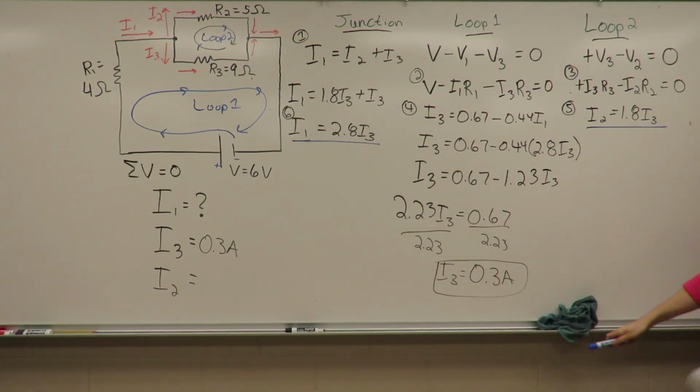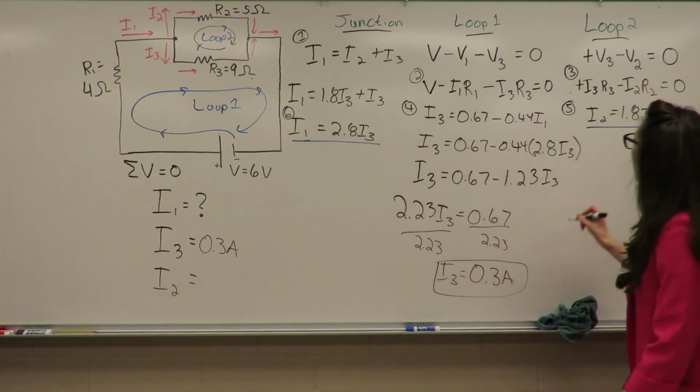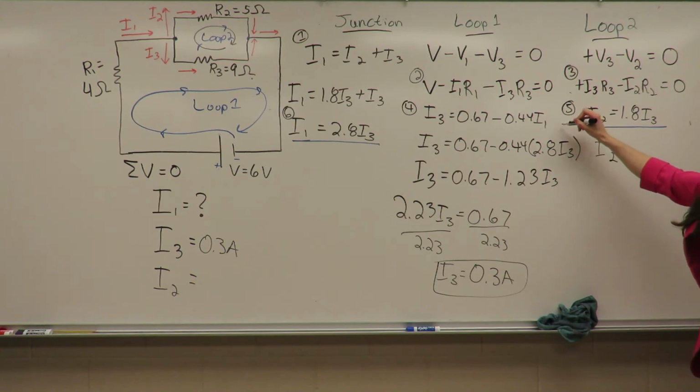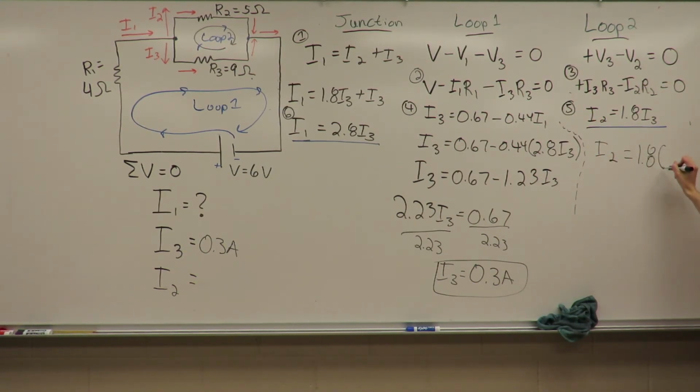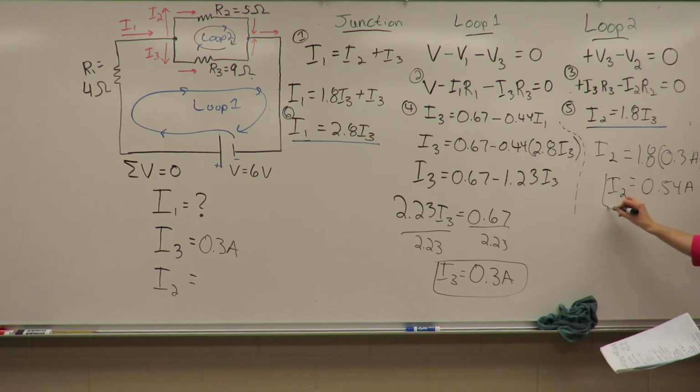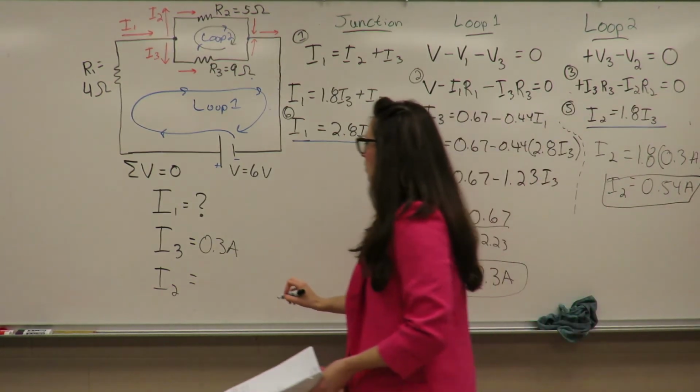So I can plug I3 into equation 5, and I2 is equal to 1.8 times I3, which is 0.3 amperes. So 1.8 times 0.3 gives us 0.54 amperes for I2.